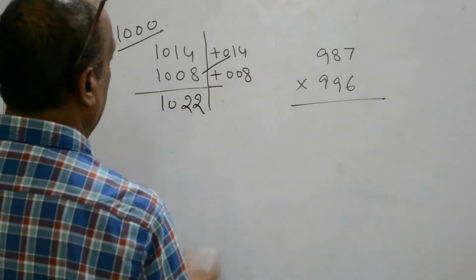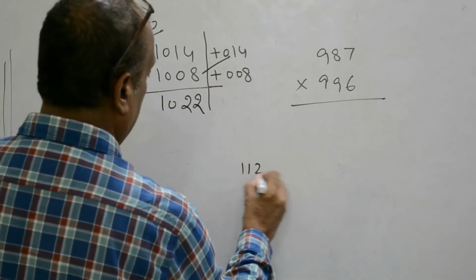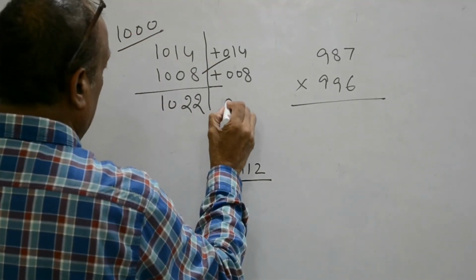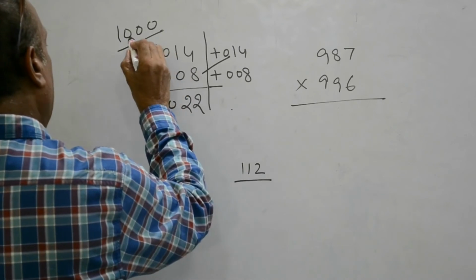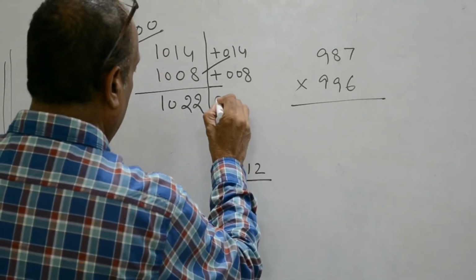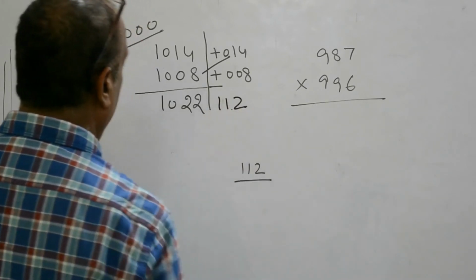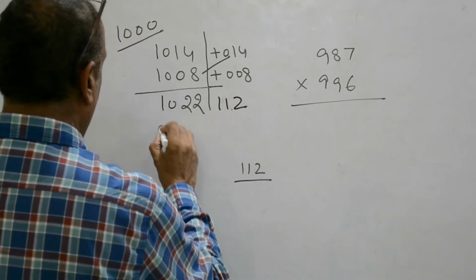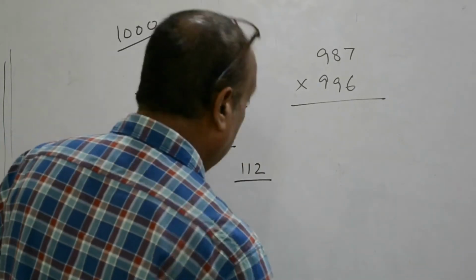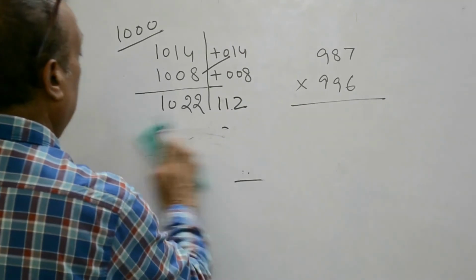Multiply these and we get 112. It is a 3-digit number and we require 3 digits over here because there are 3 zeros in the base. So 112 is put over here. So our answer is 1022112. Now come to this problem.